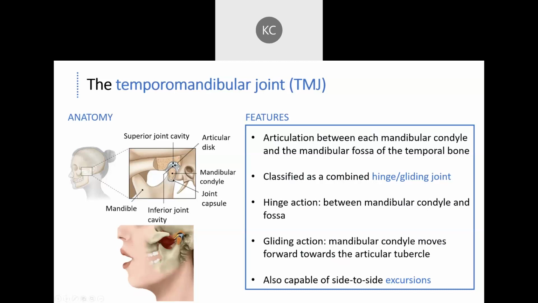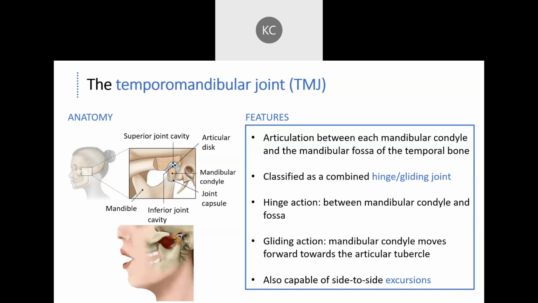There's a small depression called the mandibular fossa that's part of the temporal bone. The mandibular fossa is not part of the mandible, but in fact part of the temporal bone. This allows the mandibular condyle to sit snugly in that fossa and allows it to hinge.